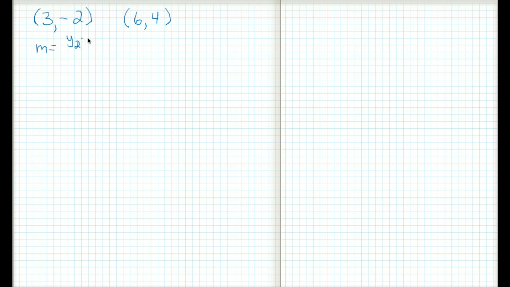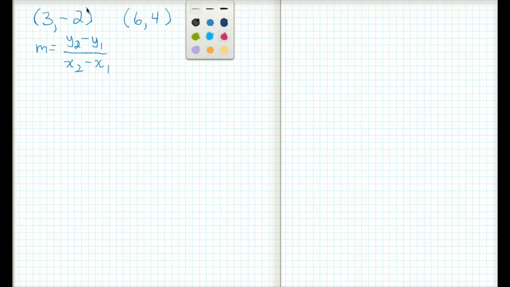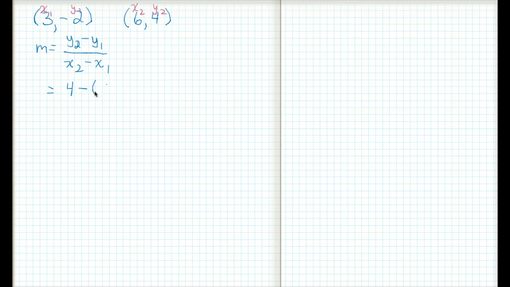Oops, that's 2. So remember, the formula was y2 minus y1 over x2 minus x1. I'm going to label my points. So if this is point 1, then this is x1, y1. And this is point 2, so this is x2, y2. And then I can plug into the formula. y2 is 4. y1 is negative 2.